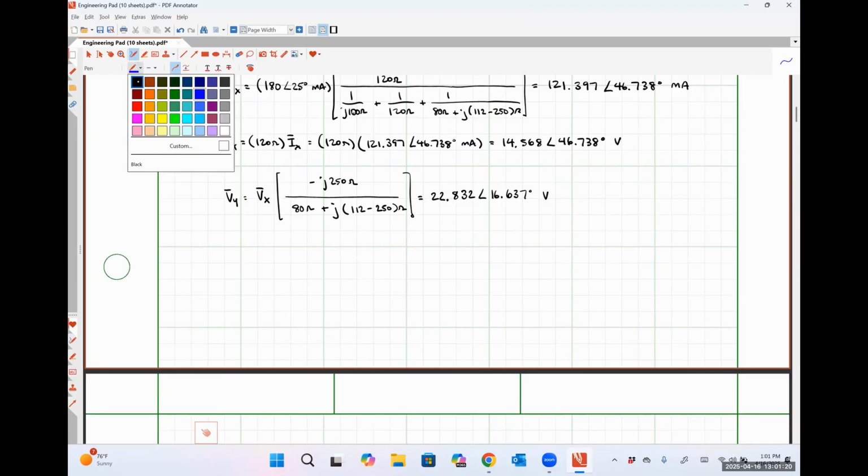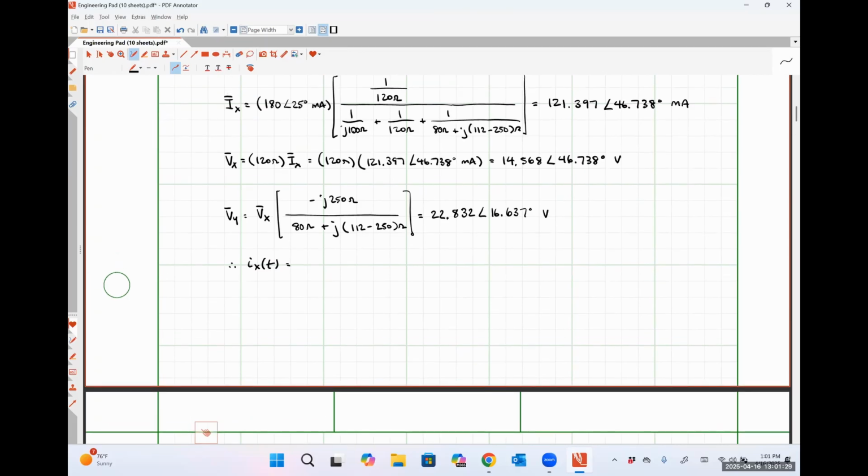So Ix as a function of time, I'm simply going to take my magnitude of 121.397, and now I'm just going to have cosine of omega t, where omega was 800, and then I'm just going to bring that phase angle in for my phasor of 46.738 degrees milliamps.